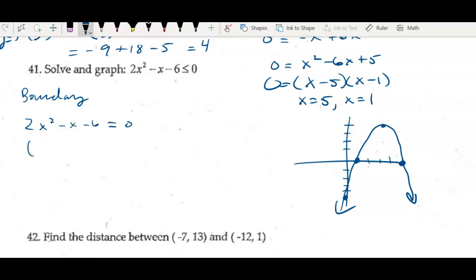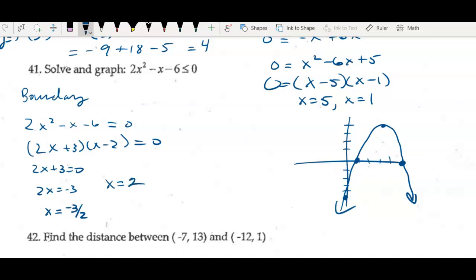Okay? So, factor it however you want. This is what it comes out to. Negative 4x plus 3x, so it works out nice. I get x equals negative 3/2 and x equals 2.